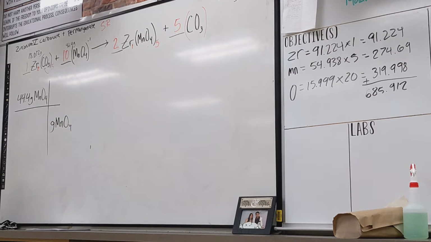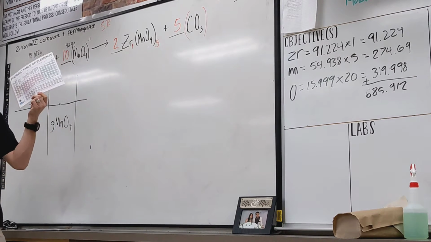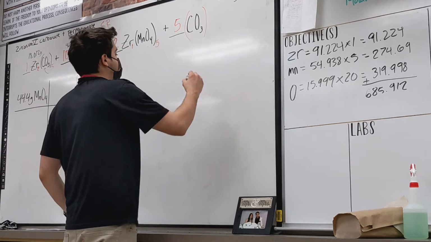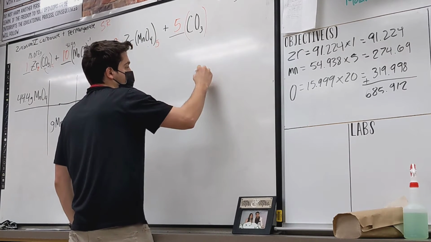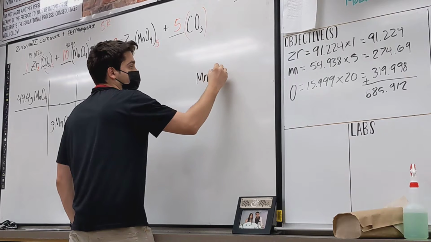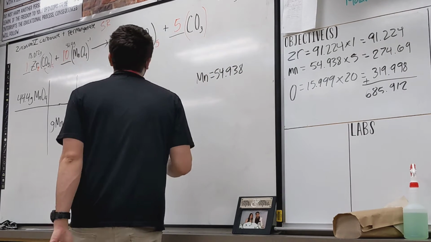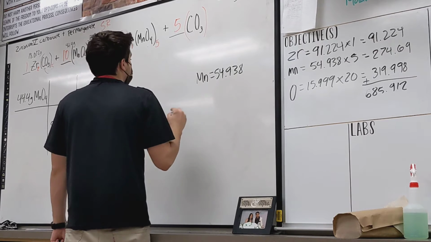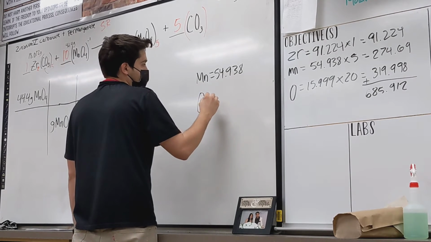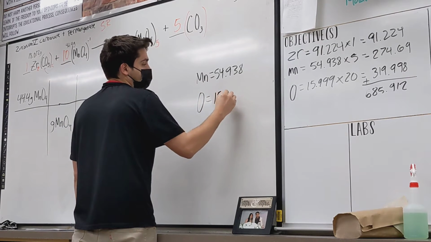All right, and then now we have to find out how much MnO4 weighs. So use your periodic table. What does Mn weigh? 54.938. Good job, Daniel. All right, and then oxygen. How much does oxygen weigh? 15.999.